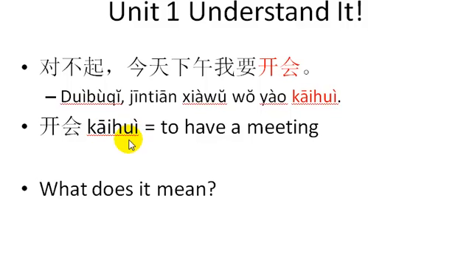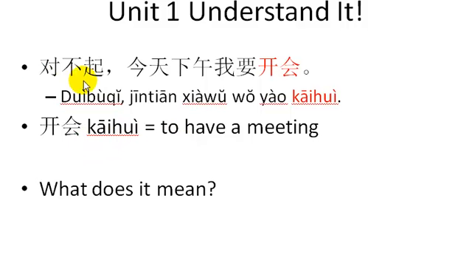So in English we have a verb and then a noun, and this verb and noun together means you're gonna have a meeting. All of that is encapsulated in this word 开会. 开会 means to have a meeting.